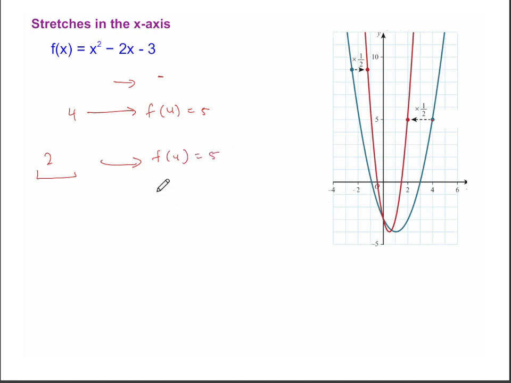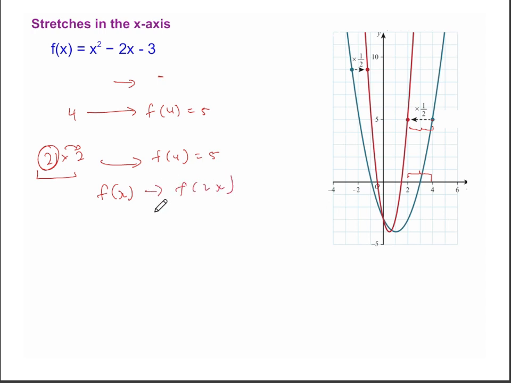And so what do we do? We would multiply that input that we put in by 2 to put that into the function. And so even though we are having a scale factor of a half, meaning your 4 is becoming your 2, so your scale factor is a half, what you want in your equation is that your f of x should become f of 2x.